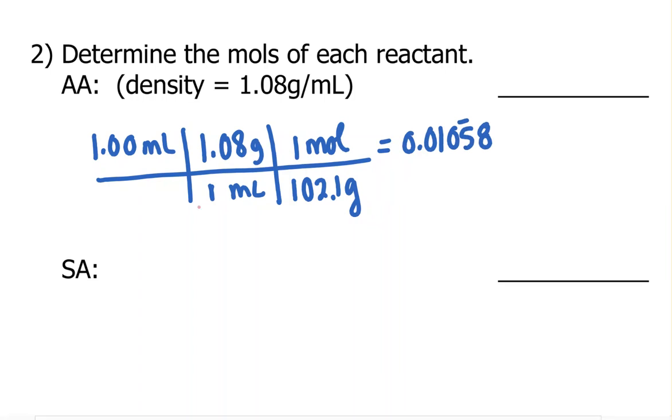Okay, so let's just label it. This step is from its density, and this step is from its molar mass. And then over here, I'll write it with the correct sig figs.